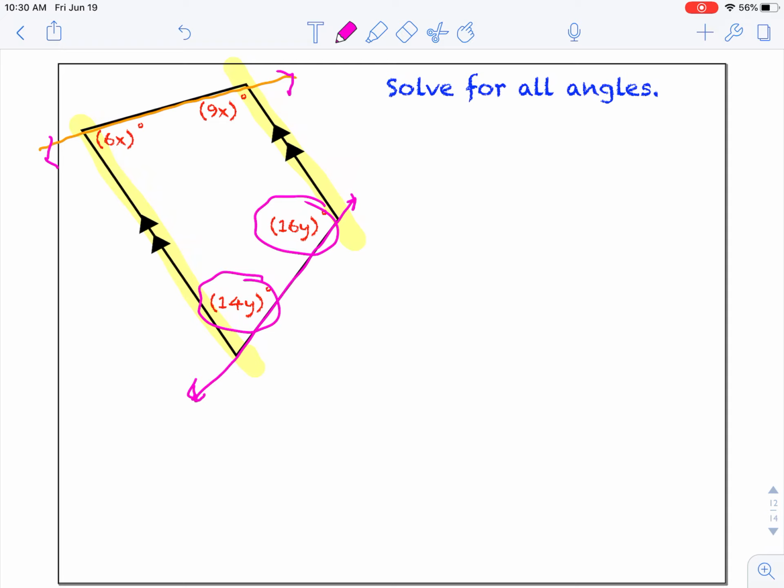And what we have here is these 2 angles are also consecutive interior angles. And remember, those are the ones that are not congruent, but they are supplementary.